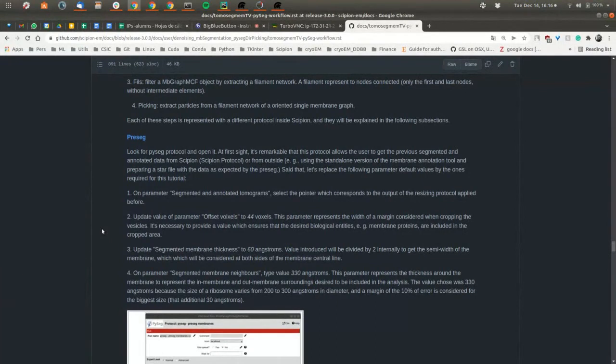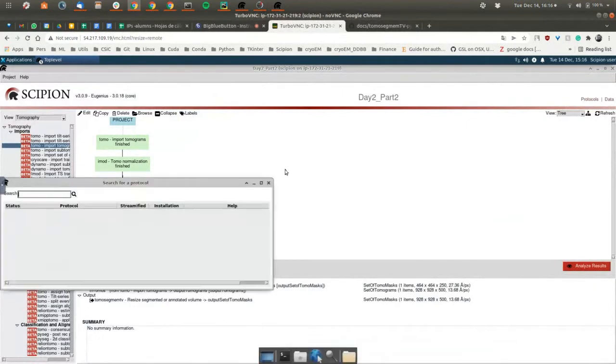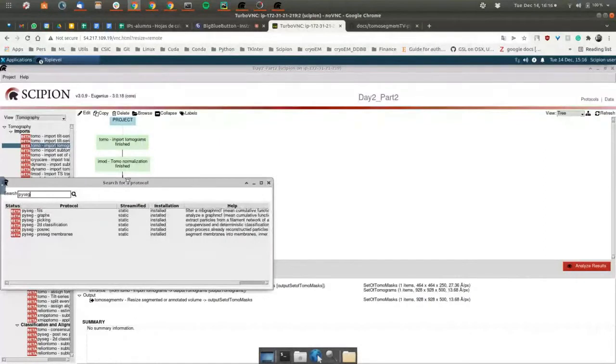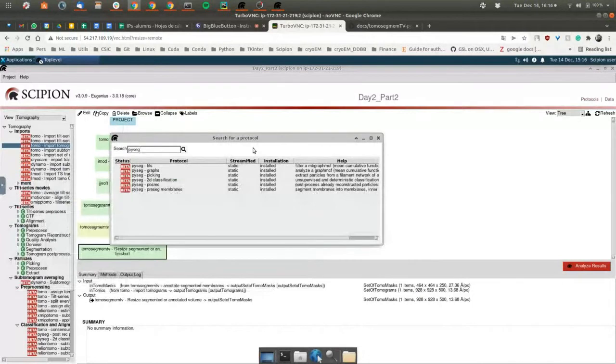So let's open the corresponding protocol. Let's look for it. Again, Control F for Pyseg. And these are the protocols that have been implemented. I hope that the last part of Antonio's presentation is integrated soon, because it seems to be quite good.